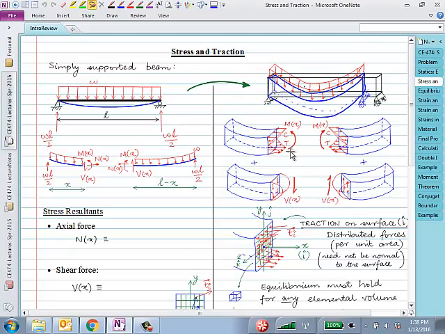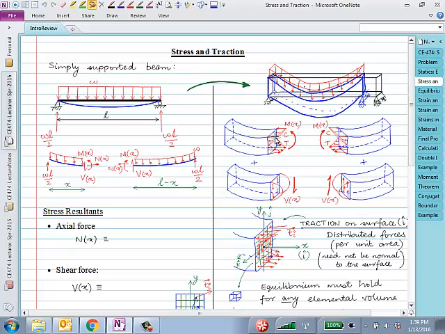Right? This is something that you should have seen before in mechanics of materials. Essentially, the compression and the tension regions of the cross section combine together to give us a bending moment at that cross section, right? These small arrows are what are tractions. These are forces per distributed area.